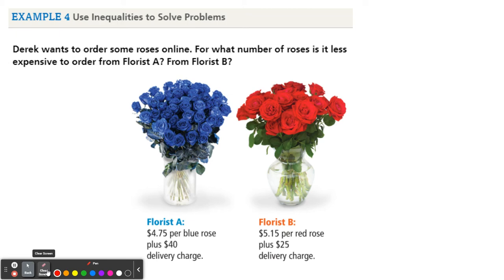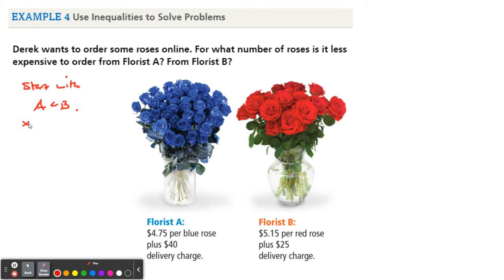So what we're going to do here is first, it says for what number of roses is it less expensive from florist A? So we're going to start there. Start with A less than B, right? A less expensive.